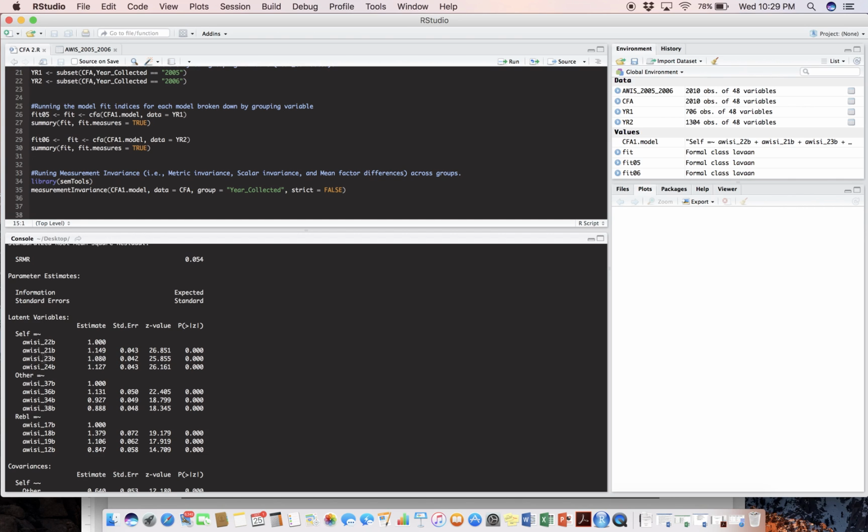And typically, this is really high. We wouldn't expect a factor loading greater than 1, but from my understanding of the lavaan package, one of the things it does is restrict variance to 1, and so that'd be the reason for these high factor loadings that we're seeing.